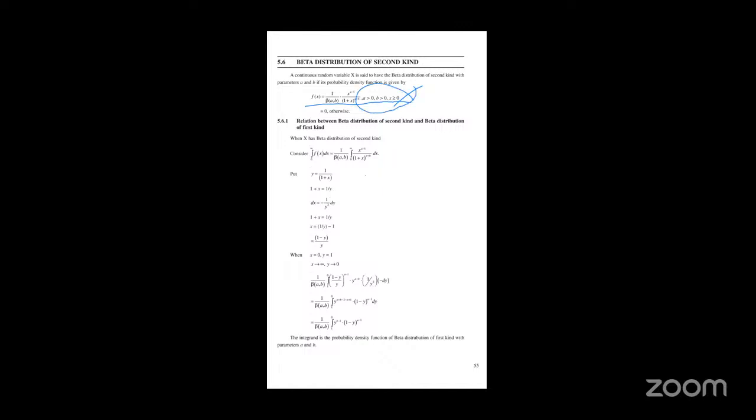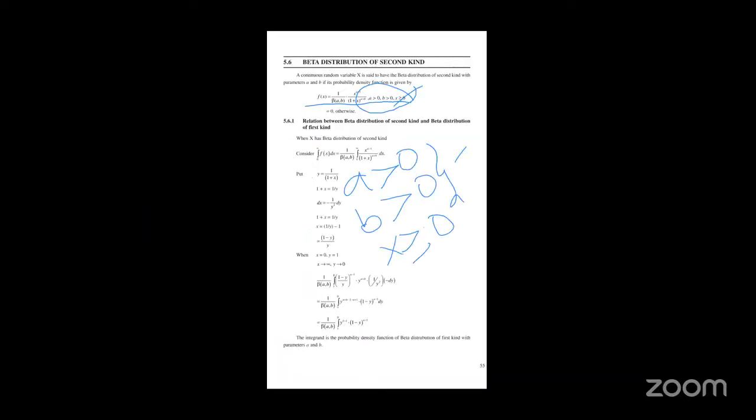The parameter a should be greater than 0, b should be greater than 0, and the random variable x should also be greater than or equal to 0. These are the three conditions. If these three conditions are satisfied, then we can say the random variable we took is beta distribution of the second kind with this formula.